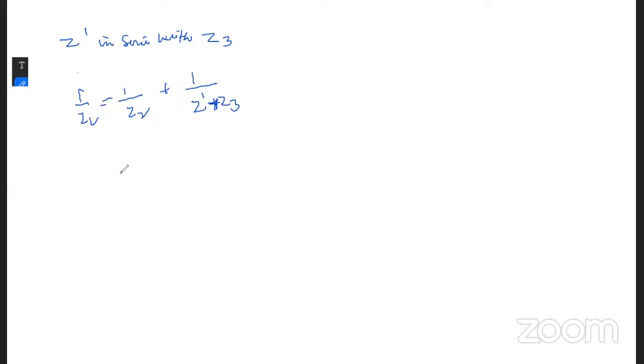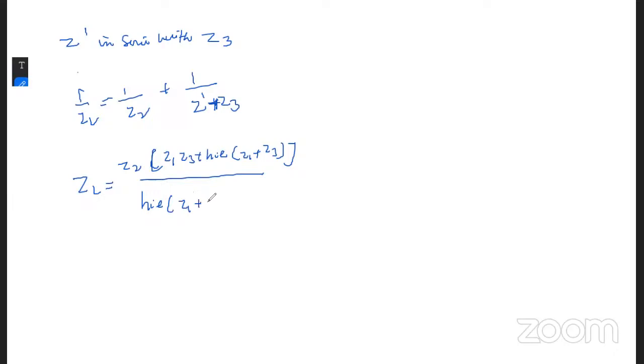By substituting all the values and solving, we get ZL equals Z2 into Z1 Z3 plus HIE and Z1 plus Z3, divided by HIE into Z1 plus Z2 plus Z3 plus Z1 Z2 plus Z1 Z3.